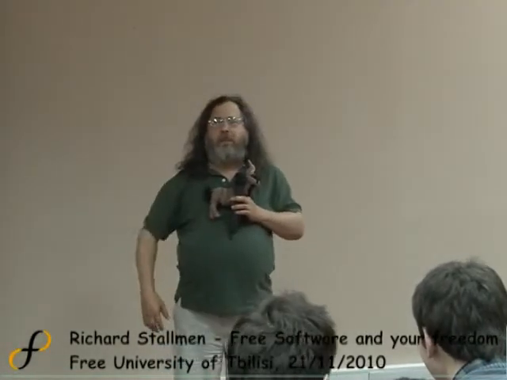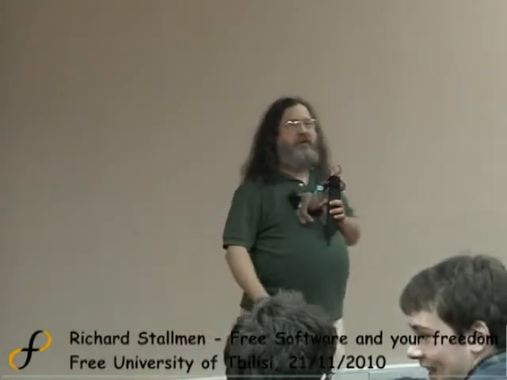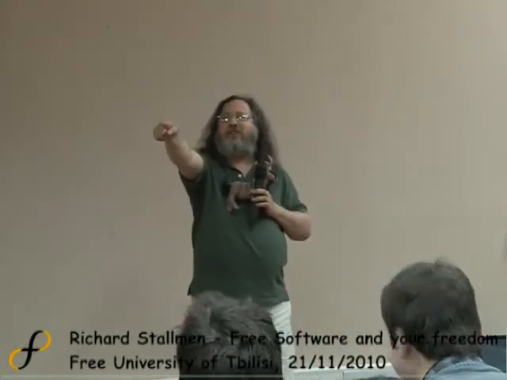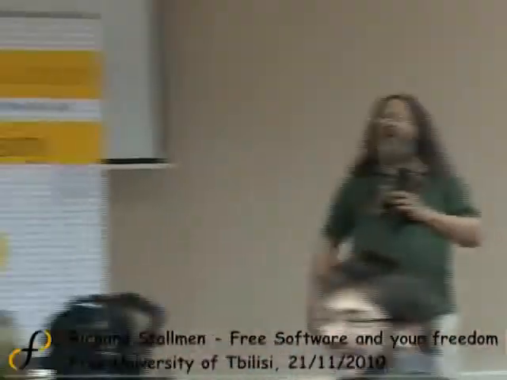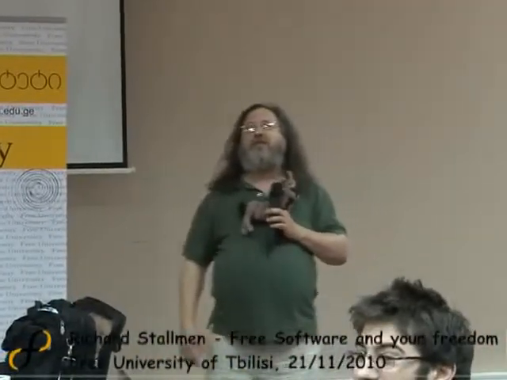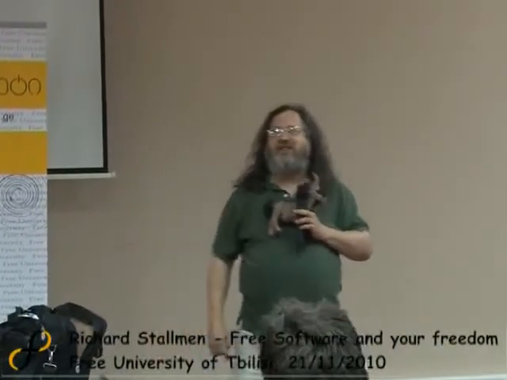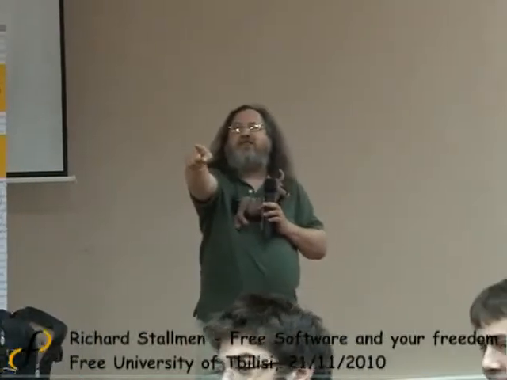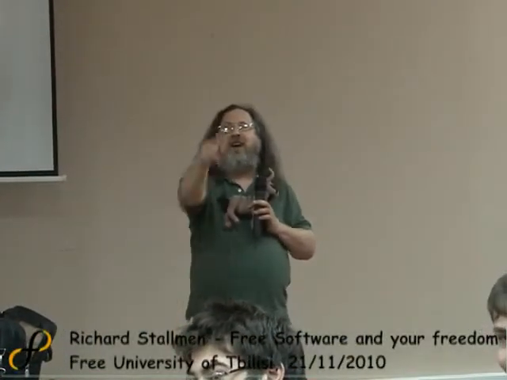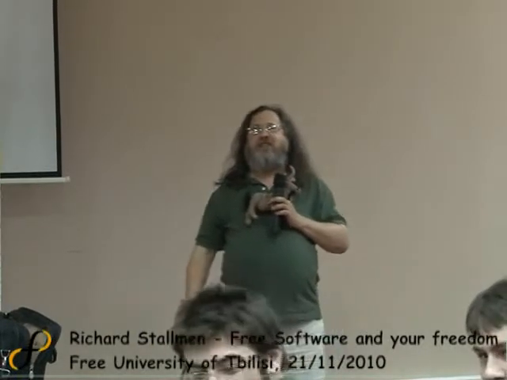Do I get 50? Do I have a bid? I've got 50 over there. Okay, I've got 50. Do I get 55? Say what you're bidding. I've got 55. Do I get 60? I've got 60. Do I get 65? I've got 65.